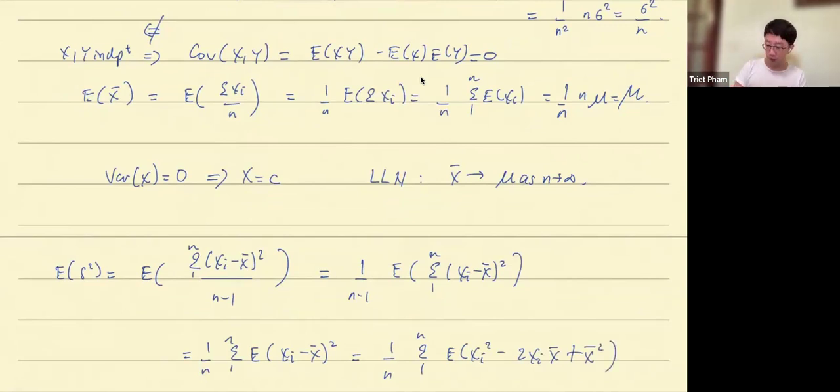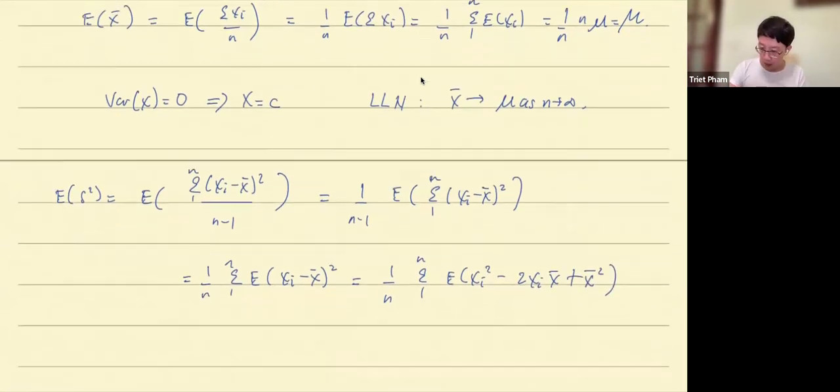And what do we know? So this is the expectation of xi squared minus 2 xi x bar. One second, let me see here. What can we do?